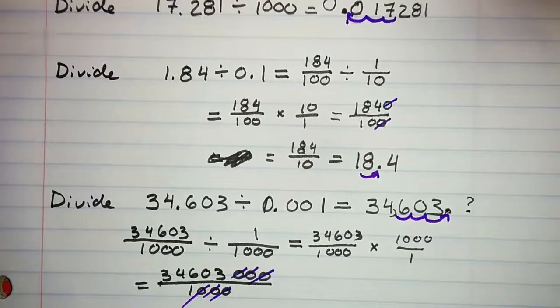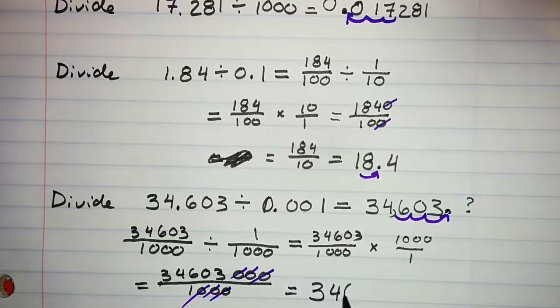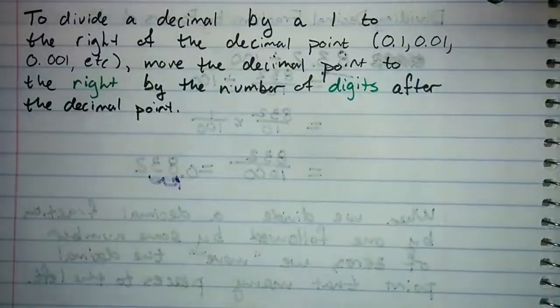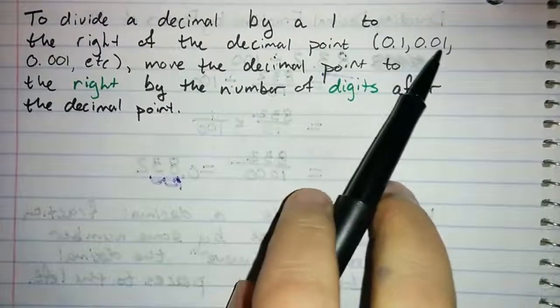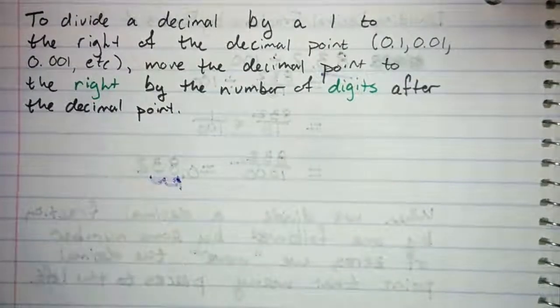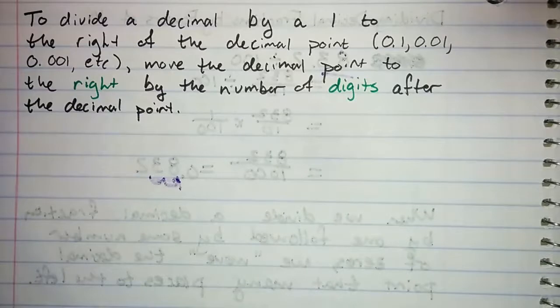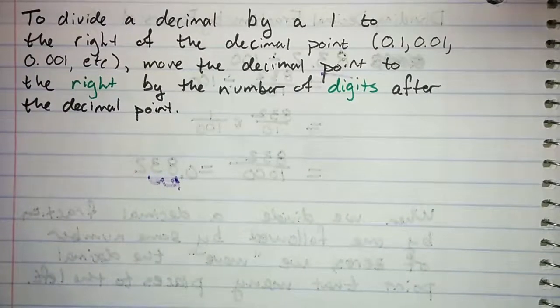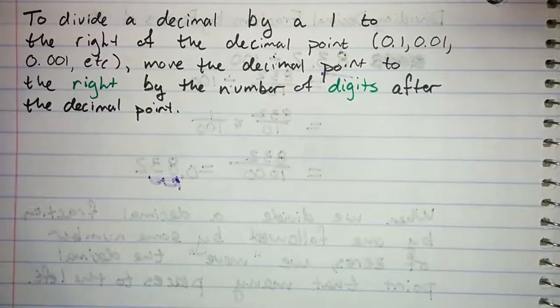Oh, yeah. I'm left with just 1 in the denominator, so no zeros in the denominator. 34603 point. Yes, indeed. That is the answer that I expected. So to divide a decimal by one of these numbers that is a 1 somewhere to the right of the decimal point, we move the decimal point to the right by the number of digits after the decimal point.